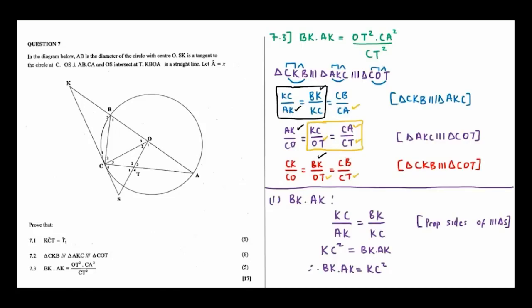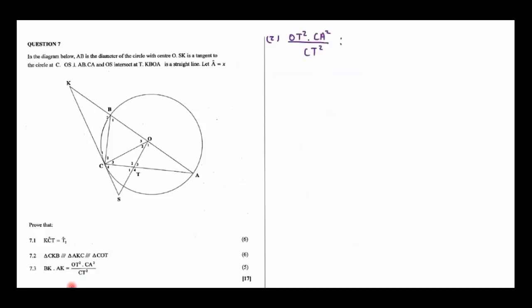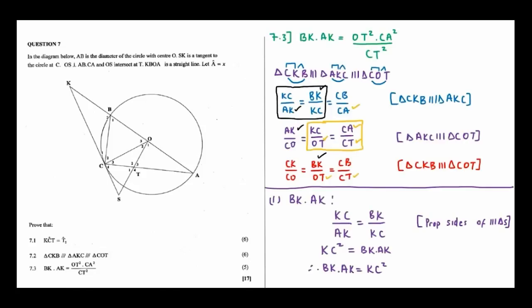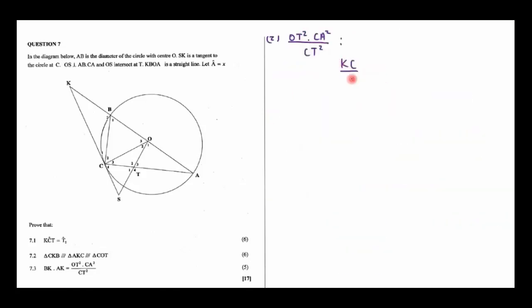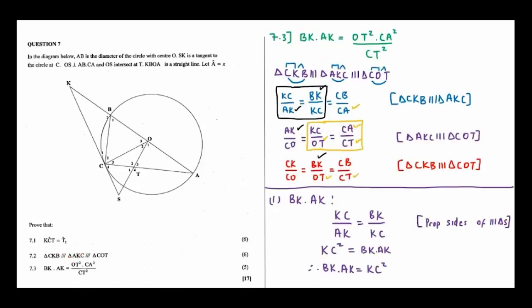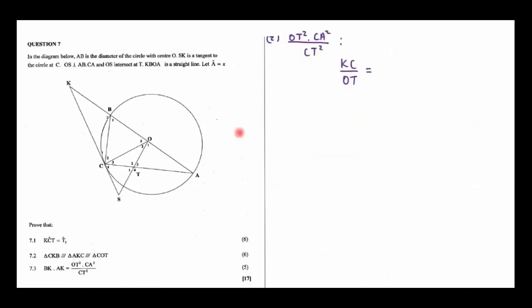So with this one, what are we going to do then? We'll say KC over OT equals, let me see there, go back, CA over CT. CA over CT.